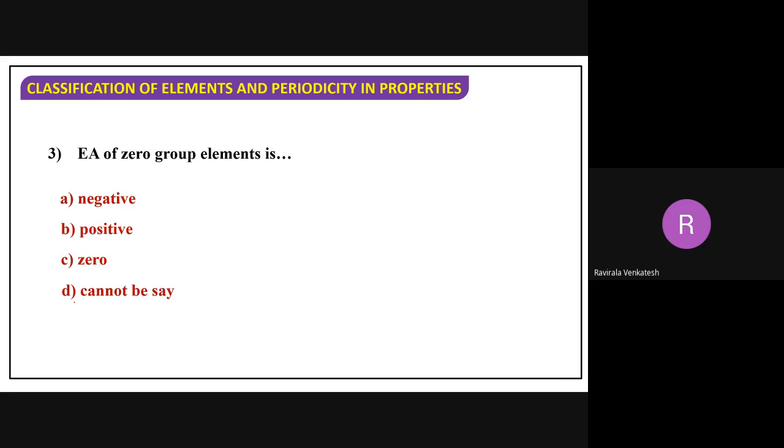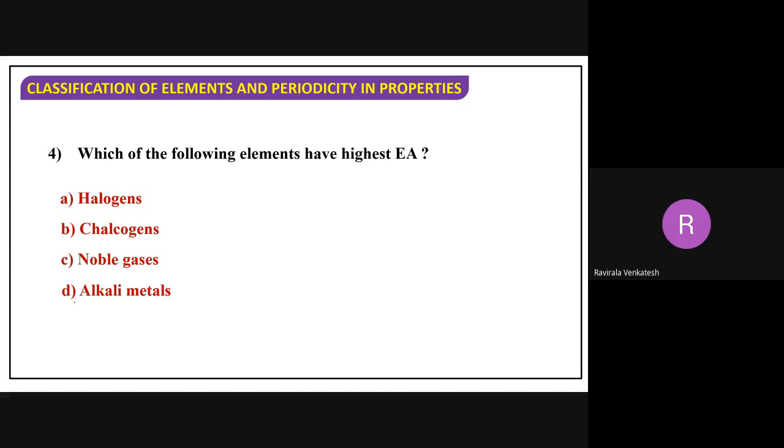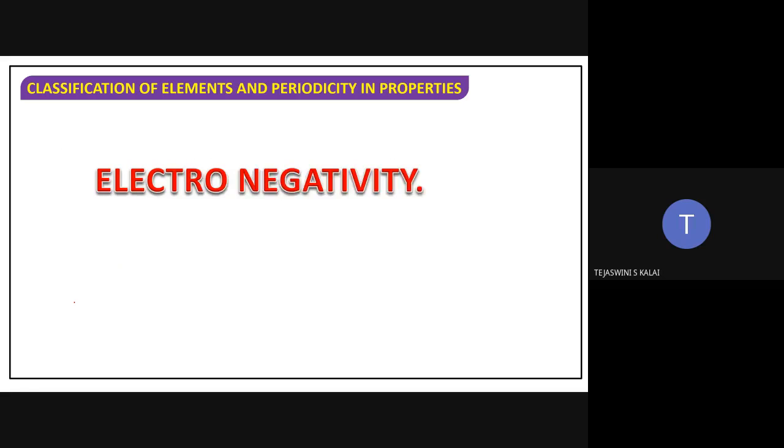Zero group elements are zero. They are having the highest electron affinity values. Which group elements? Halogens.